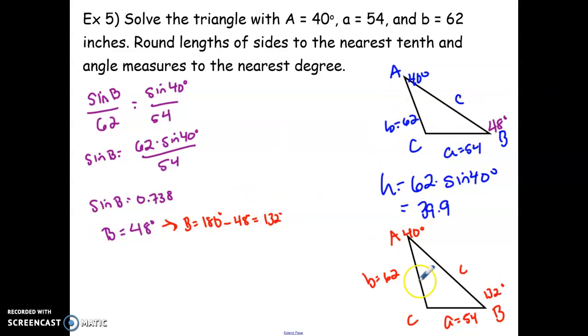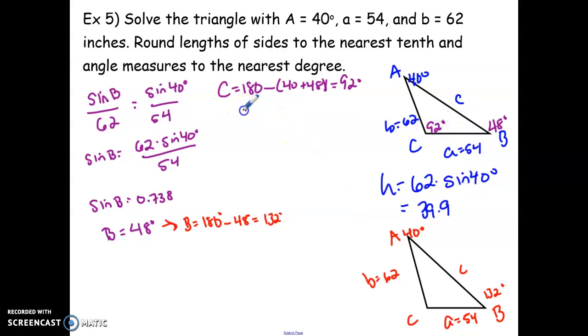I'm going to finish up the blue one and then we'll work on the red one here. So for this blue triangle, I was using purple, we can now do angle C is equal to 180 minus 40 plus 48. So we end up getting angle C is 92.